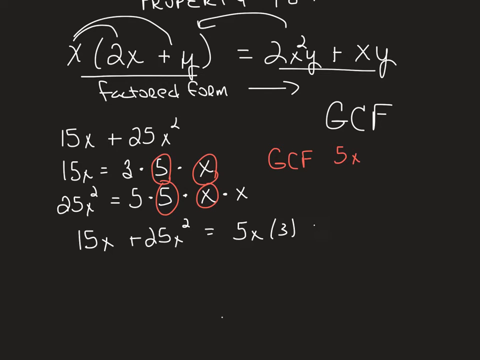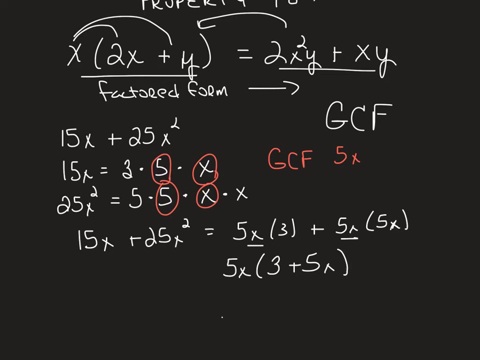and I can rewrite 25x squared as 5x, that was the greatest common factor, times 5x. Now notice 5x is common to both, so I'm going to factor that out, and we'll have 5x, and what's left is 3 plus 5x.